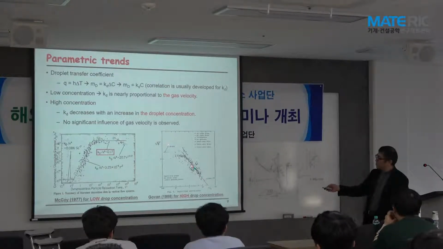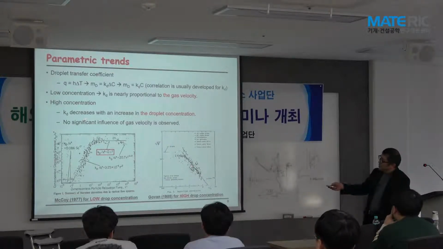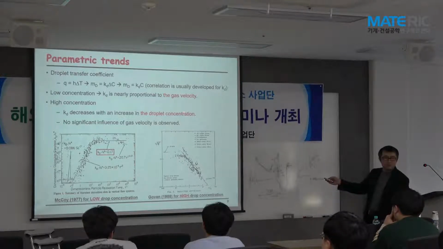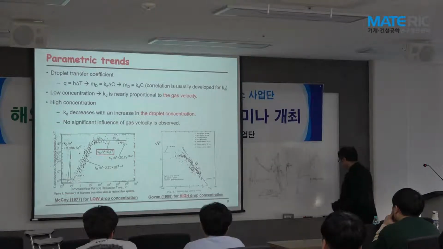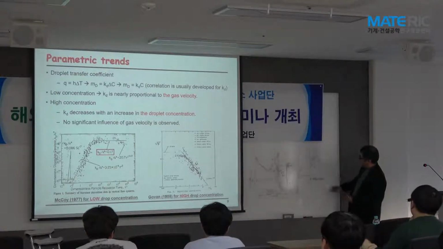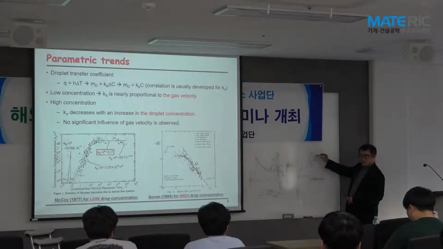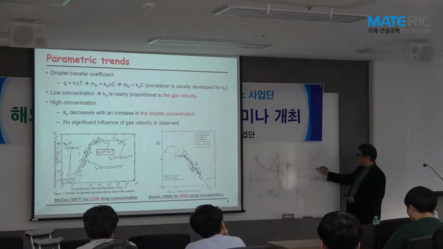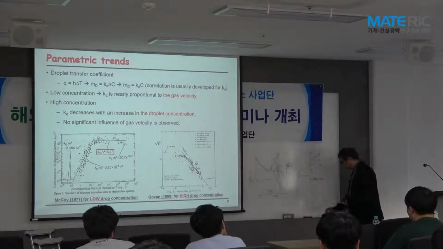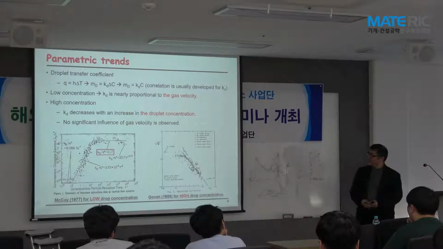Therefore, the proportionality factor decreases like this. So if the concentration is high, the proportionality factor decreases with an increase in the droplet concentration. So it means that of 10 droplets, 3 are deposited. 20, only 4. 30, the calculation is too difficult for me. But the measurement result is like this.